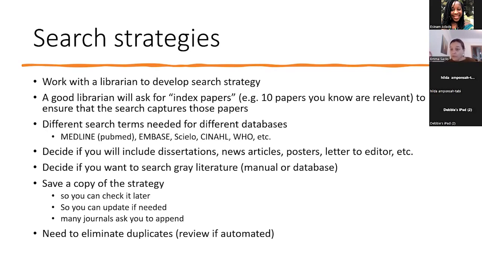Some of the software can do that automatically, and EndNote can do that. Covidence, which I'll talk about, has some ability to do that, but you will want to review it by hand as well. And I'll discuss some of the reasons why in a second. Depending on how many databases you use, you could have a very large number of duplicates, but sometimes if your databases are pretty different or you don't have that many, you won't find too much of that.